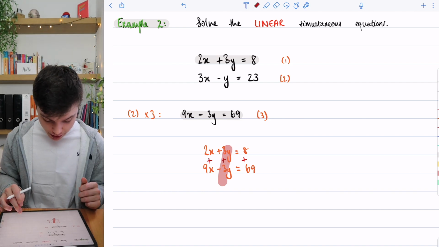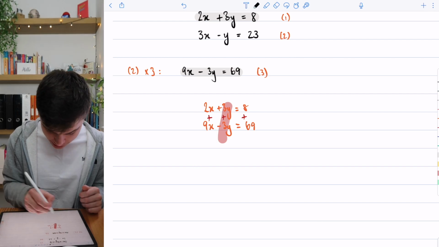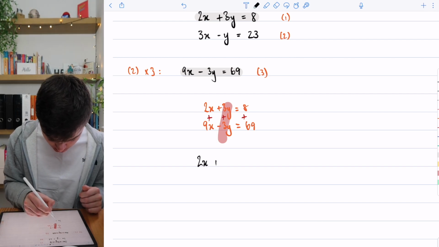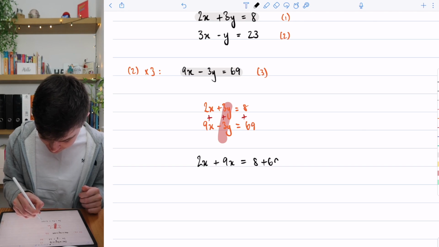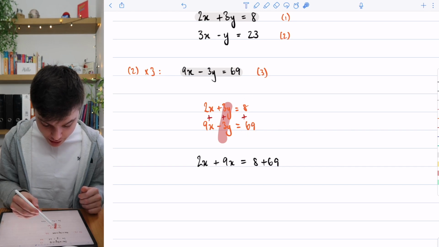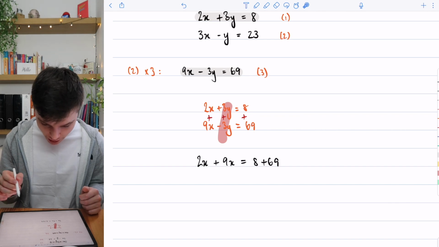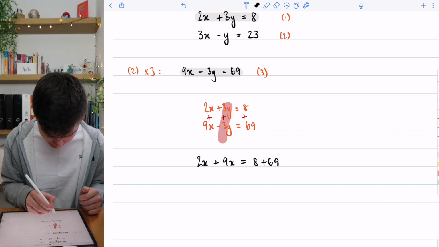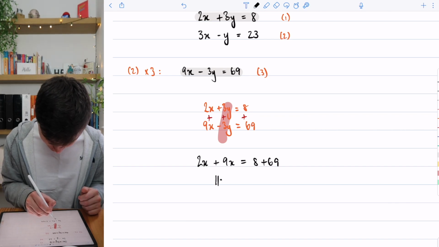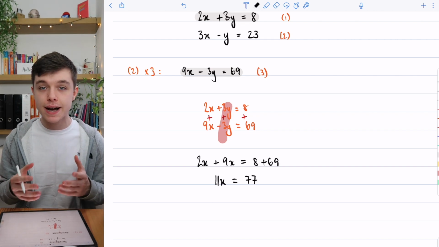So that's going to eliminate our y, and we'll be left with 2x plus 9x is equal to 8 plus 69, and we're just adding those two parts together. We added these two to get 0, so the y's have disappeared. And then what we get is 11x is equal to 77, and then we can divide both sides by 11.